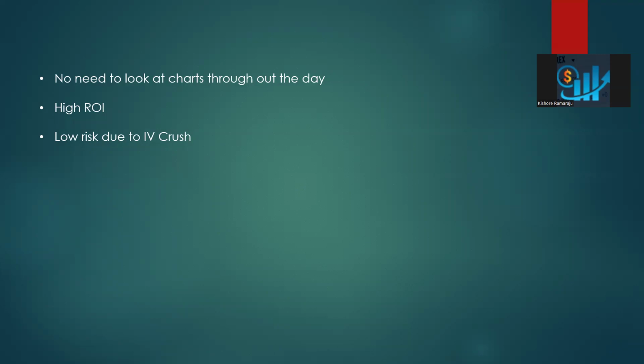They use a common quantity. When we say position size, they think it is the number of contracts. They take 10 contracts, 20 contracts for every trade. If it is a naked call, they take 10. If it is a bull put, they take 10. If it is a bear call, they take 10. If it is naked puts, they take 10. If you are selling the puts, they take 10. So that is where there is a high risk.